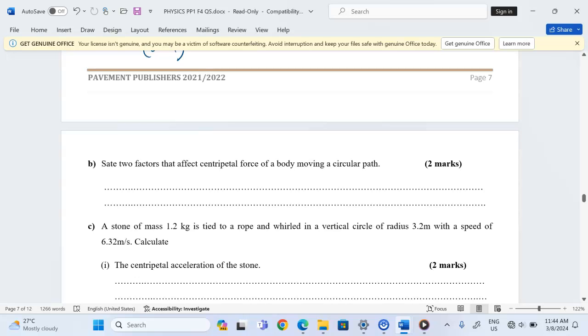State 2 factors that affect centripetal force of a body moving in a circular path. The centripetal force of a body in a circular path is affected by 3 factors.